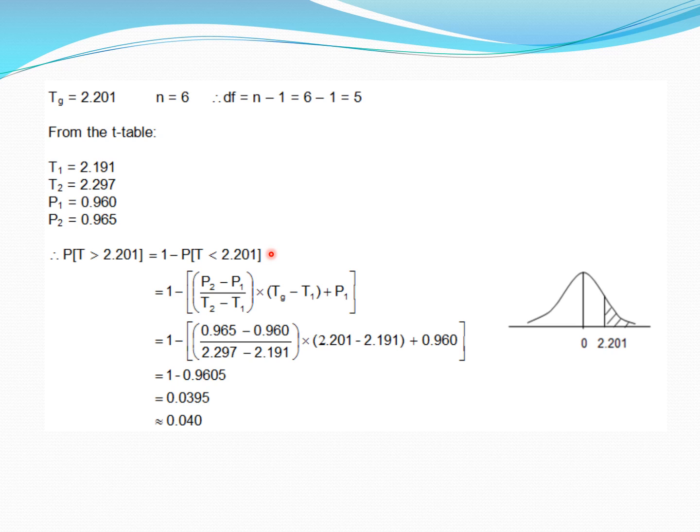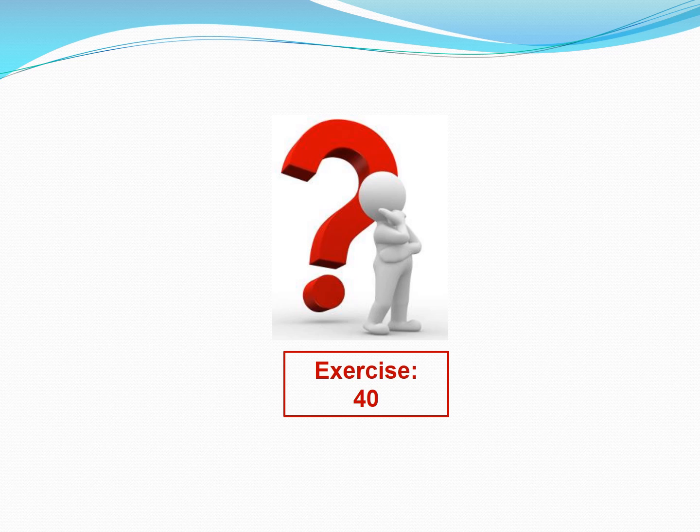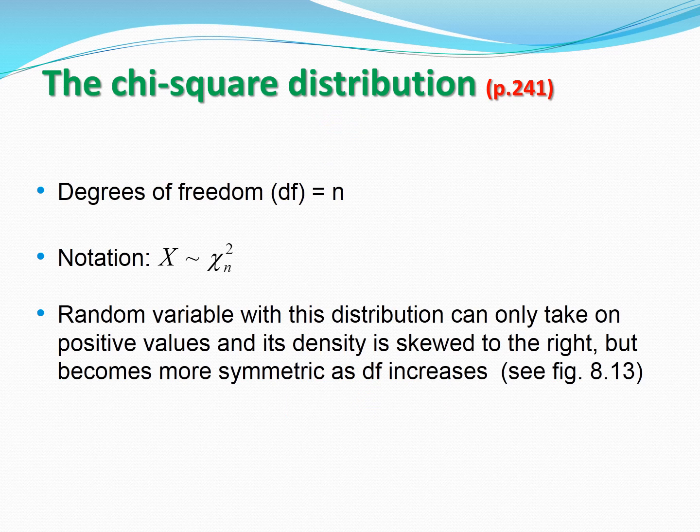So we will say that probability will equal 1 minus the probability that t is less than 2.201, and then you can plug in your values that you looked up from the t table into your interpolation formula, and if you round off to 3 decimal places, your probability will then be 0.040. You can then try exercise 40 on the t-distribution, please.